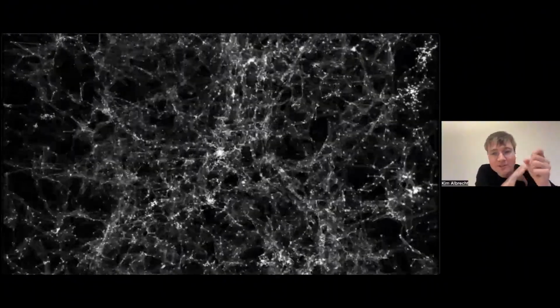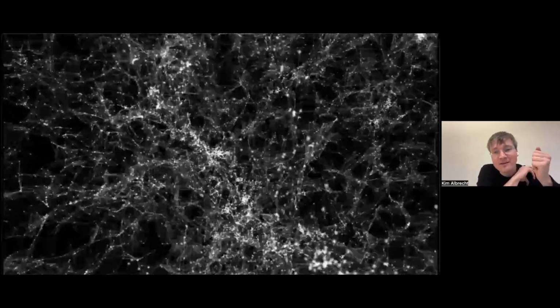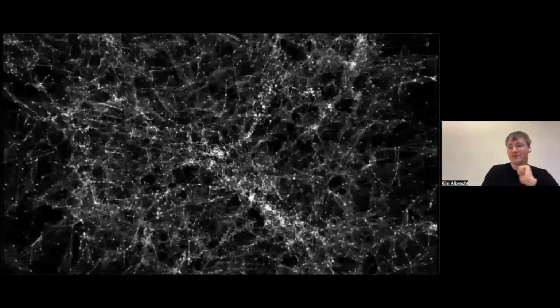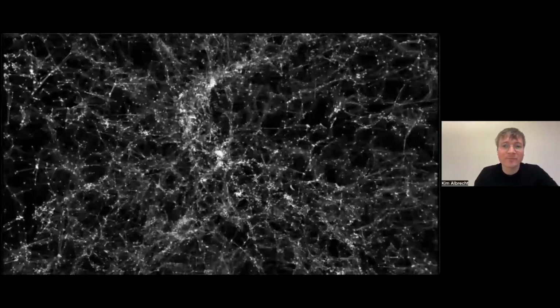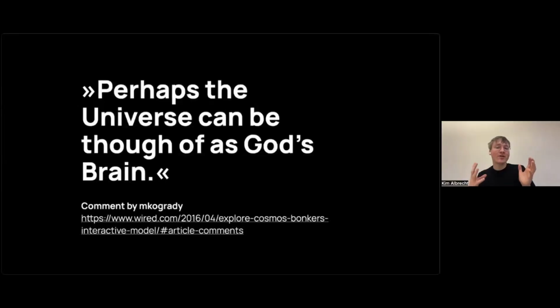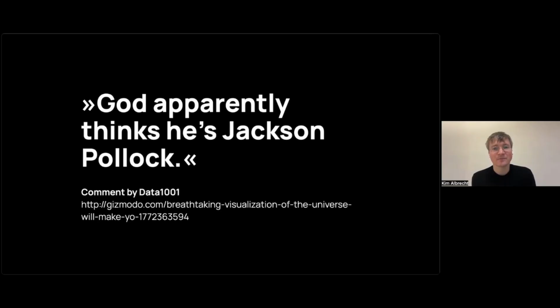But once we published this work and made these interactive graphics available on the internet, something different happened. We got a lot of comments, such as this one. Perhaps the universe can be thought of as God's brain. Or people put it more simply, we live in a brain. Or other people had a more artistic approach. God apparently thinks he's Jackson Pollock.